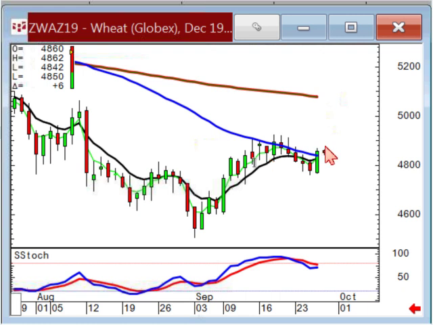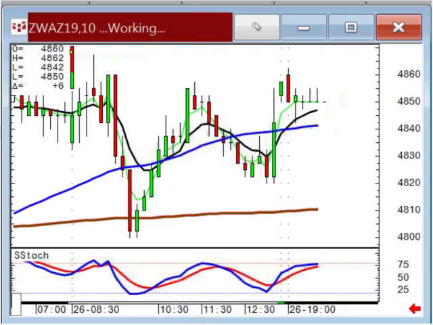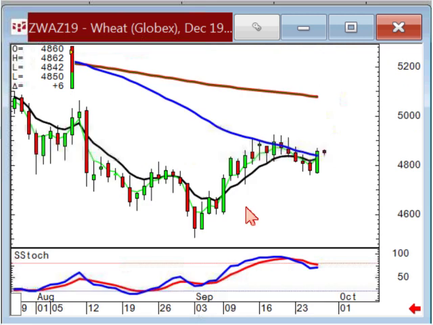But if I was trading this position today, I'm probably trading it off the 10-minute chart. So it might be that I'm trading here, and so this is a 10-minute chart. Looks just the same as a daily chart.